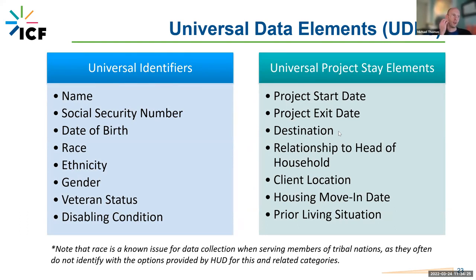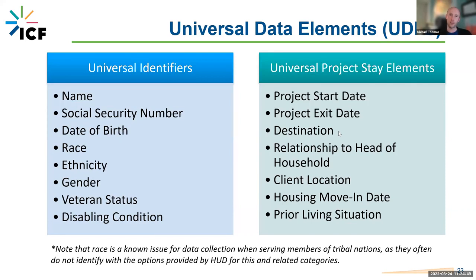We did want to note here that race is a known issue for data collection when serving members of tribal nations because they don't always identify with the options provided. Chris mentioned earlier that every 2 years, the data standards are updated by HUD. I'm sorry, I can't remember if it's the data or technical standards. It is the manual that tells the vendor what has to be in the system.